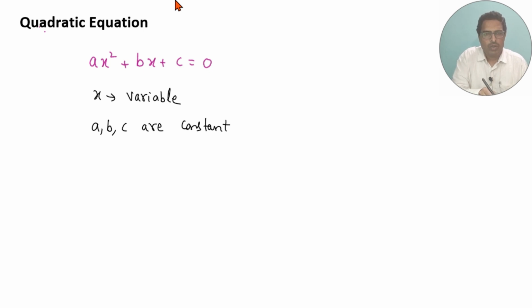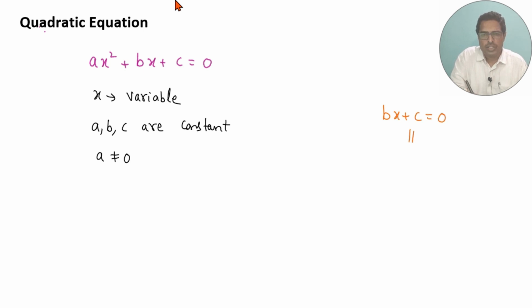And the value of a should not be equal to 0. Suppose the value of a becomes 0, let us see what happens. If I put a as 0 over here, 0 into x square will become 0 itself, so we will be left with only bx plus c is equal to 0.